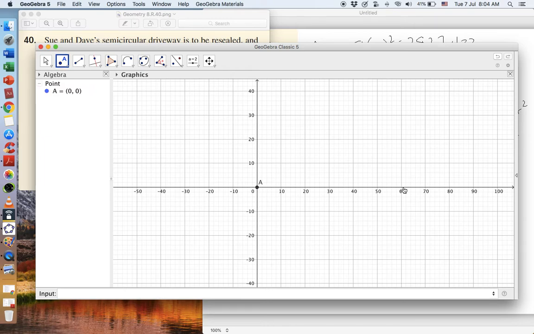All right, so if we've got a radius of 30, that means we've got a diameter of 60, and we'll put this one here, 18, 0, and then another one at 36, 0.